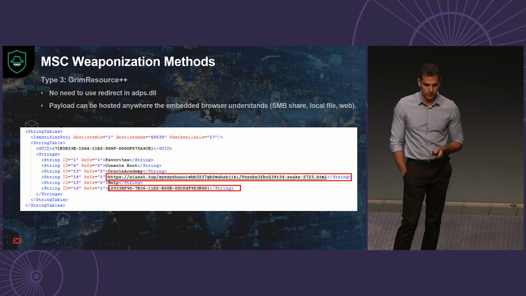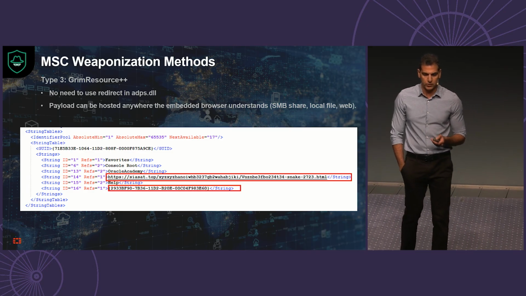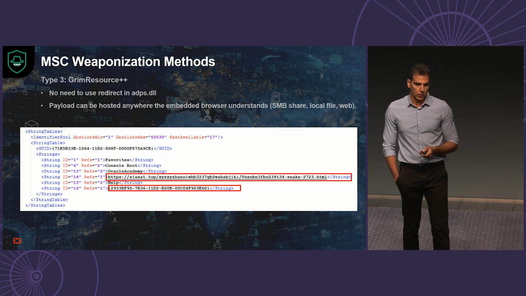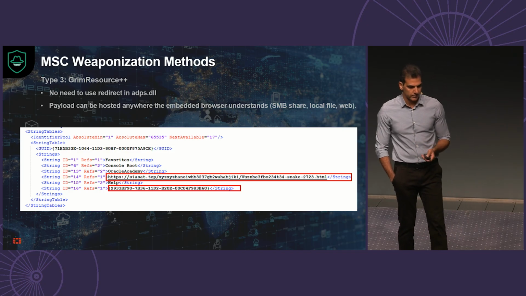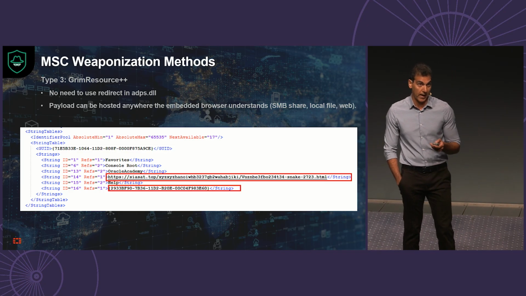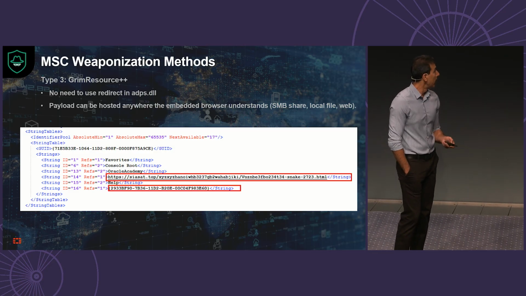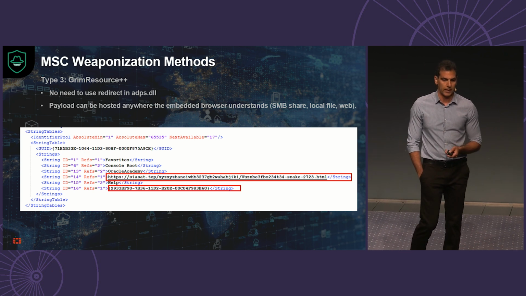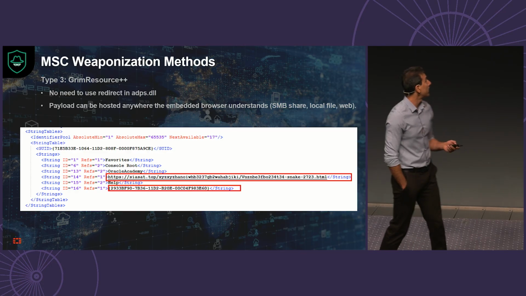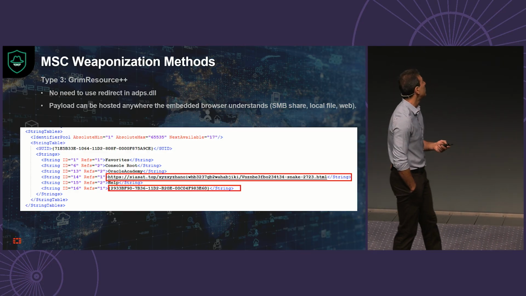And the third method, which is the newest one, abuses the ExecuteShellCommand method of the MMC View object. A threat actor can create a malicious MSC file that references a Shockwave Flash object inside the ActiveX Control object, which by default opens a web browser. This web browser can load a remote web page and execute its content. For this method to be successful, the threat actor usually needs to define two snap-ins.